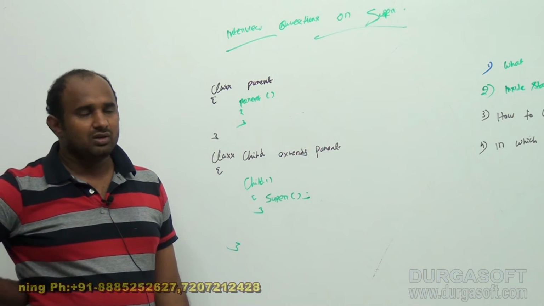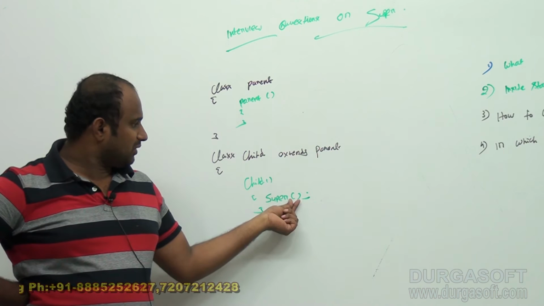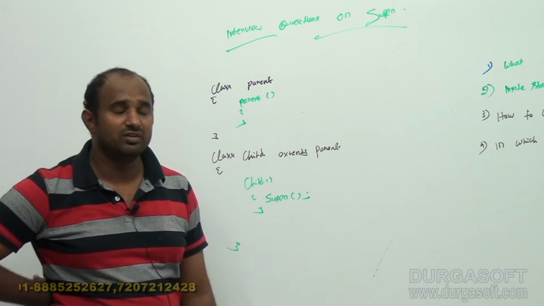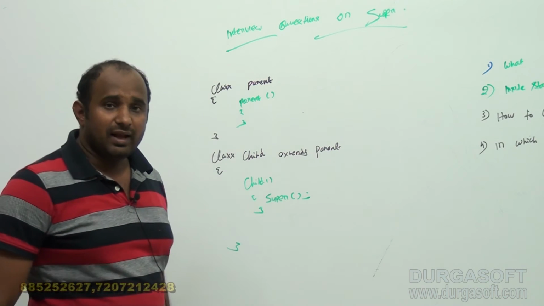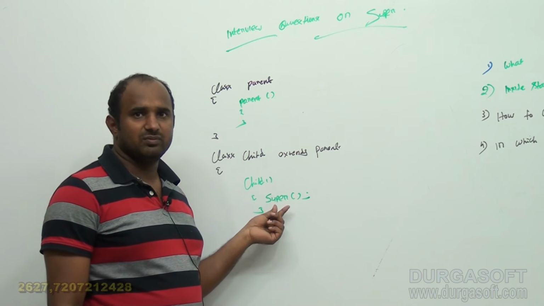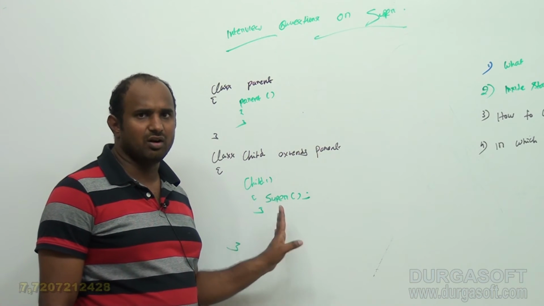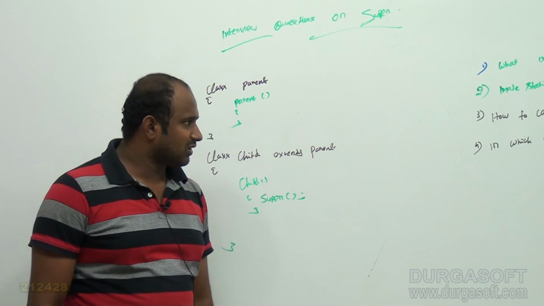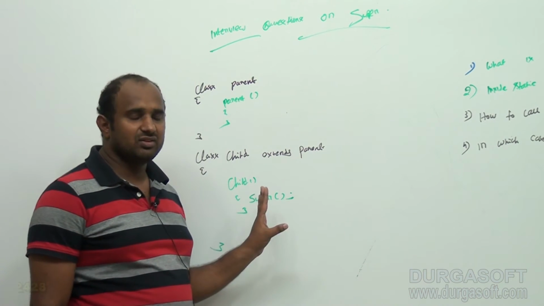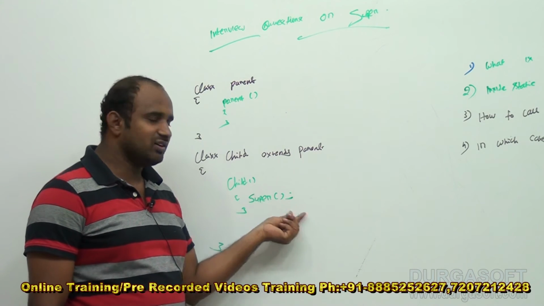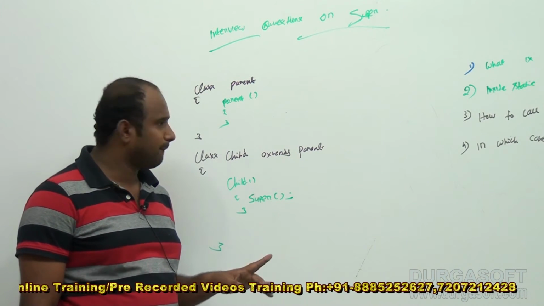The compiler generated super keyword is always a 0 argument constructor call. I hope this point is clear. Clear? Good.